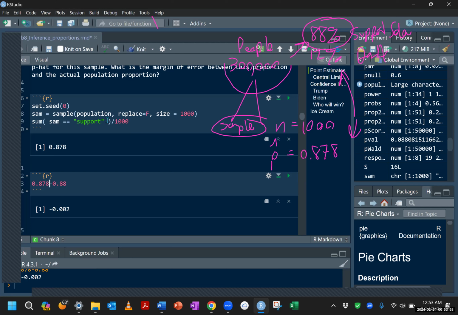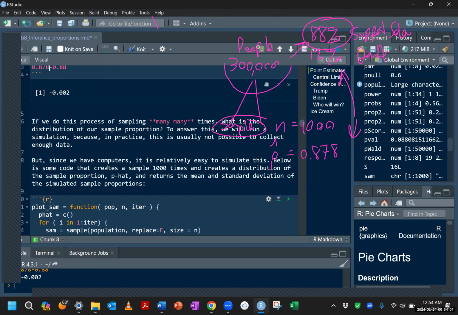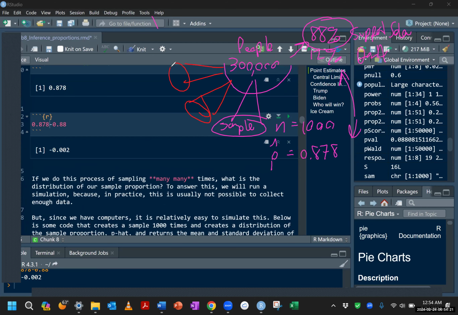So the next step is if we were to do this many, many times. It looks like I have examples of 1,000. 1,000 was a pretty close estimate, right? Well, we can get even closer. What if we sampled again, and again, and again, and I took all these samples and made a plot of what those are distributed like?